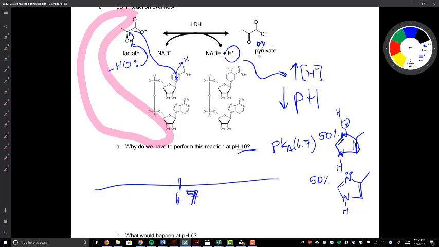So the way that we can force LDH to either have all of its histidines protonated or deprotonated is by shifting the pH away from the pKa. So if we have a pH that's less than the pKa, we're going to shift the population to being mostly protonated.